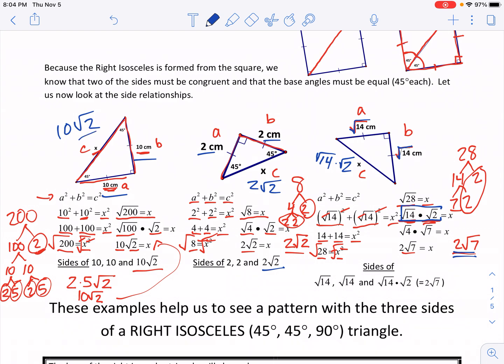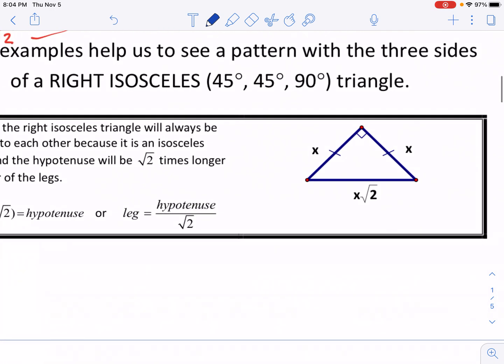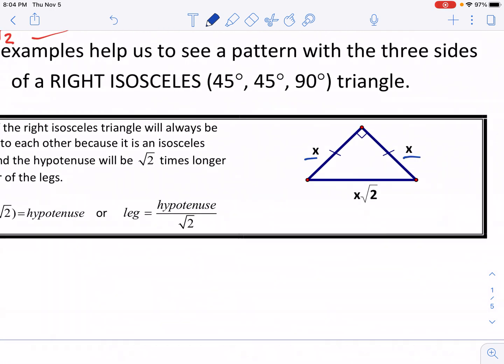Square root of 2. 10 square root of 2. 2 square root of 2. The square root of 14 times the square root of 2, which, if we simplified it, would get us to here. But the principle still remains. It's the side lengths, our a and b there, multiplied by the square root of 2, okay? And that's what this says here, okay? Whatever x is, this guy is just x times the square root of 2.